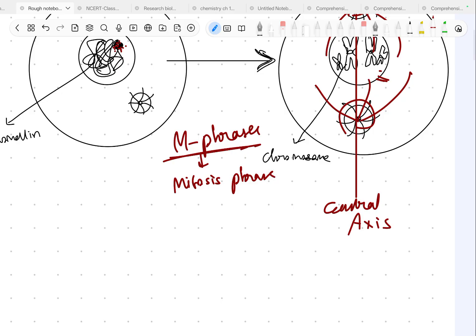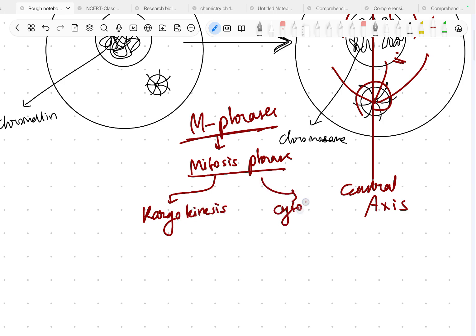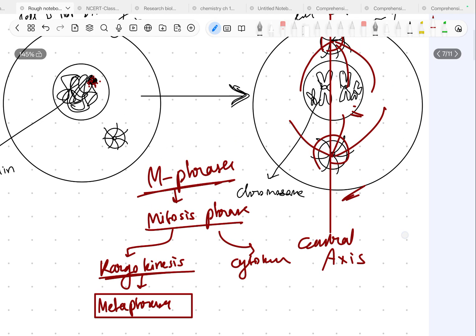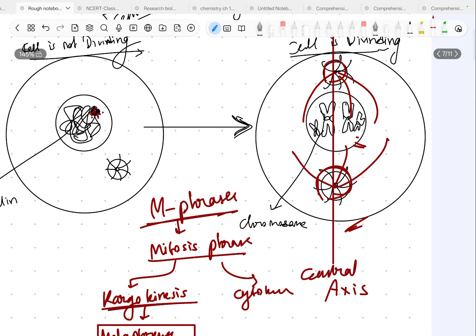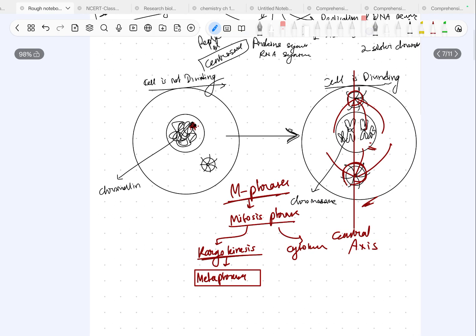If I go deeper, in karyokinesis and cytokinesis, in karyokinesis there are many phases. Basically I am talking about the metaphase. In the metaphase the two centrioles, the centrosomes, come to the central axis, and the cell division will further proceed.